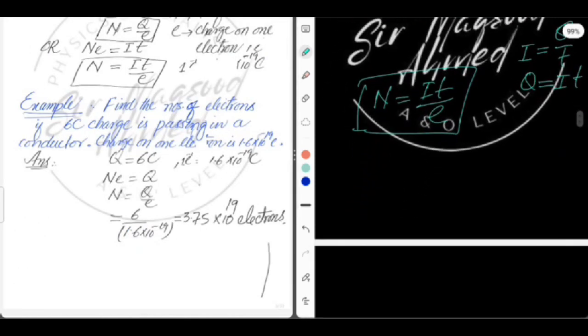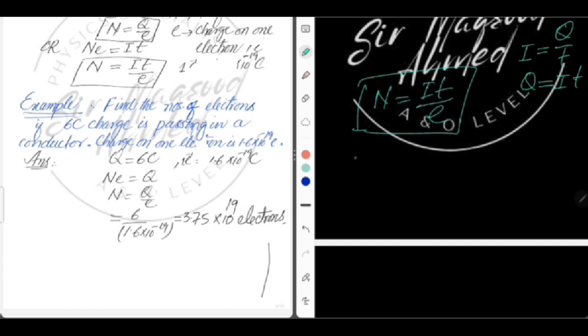Now we will solve a question. The statement of the question is: find the number of electrons if 6 coulomb charge is passing in a conductor. Charge on one electron is 1.6 × 10^-19 coulomb.